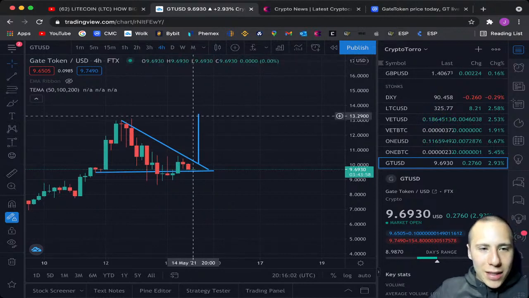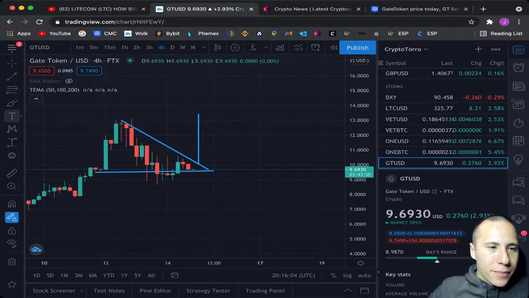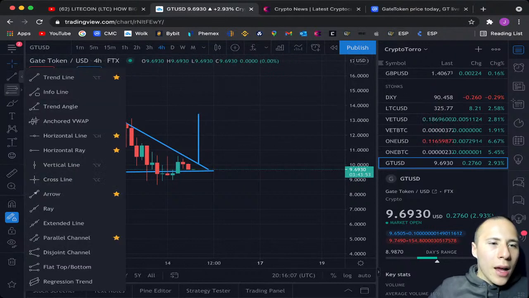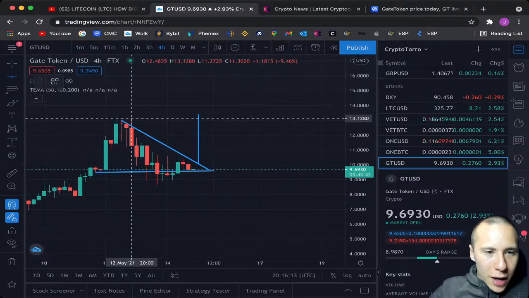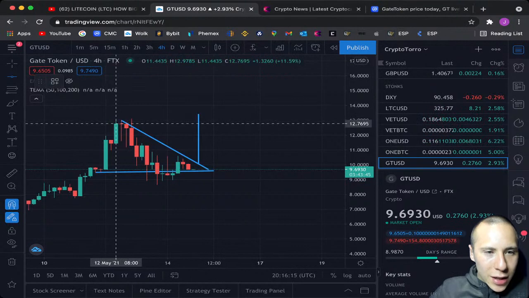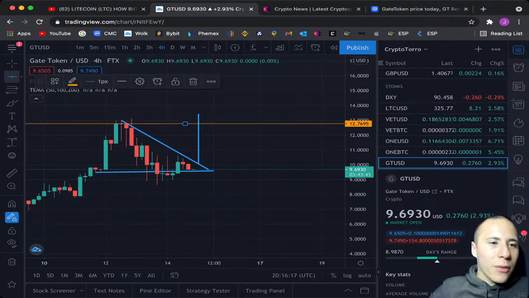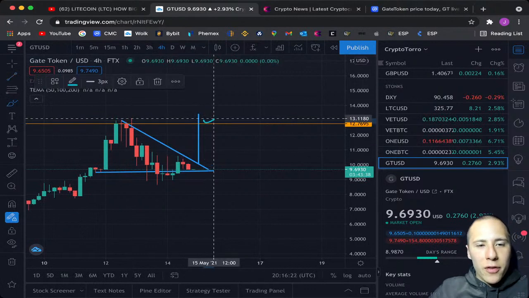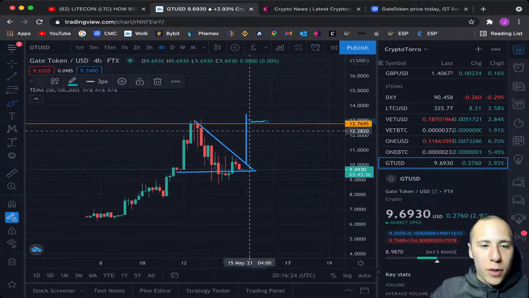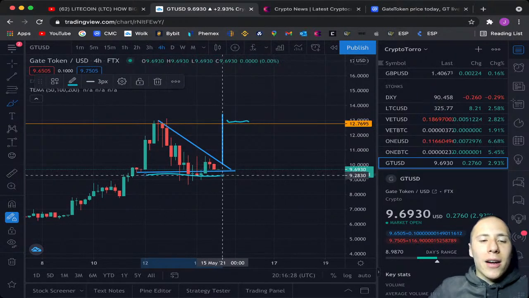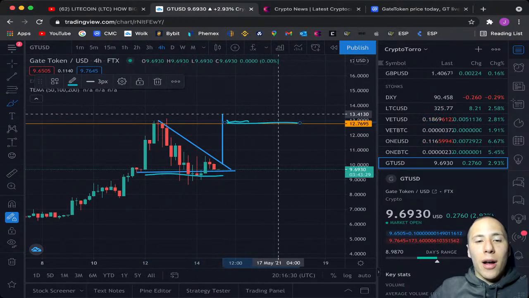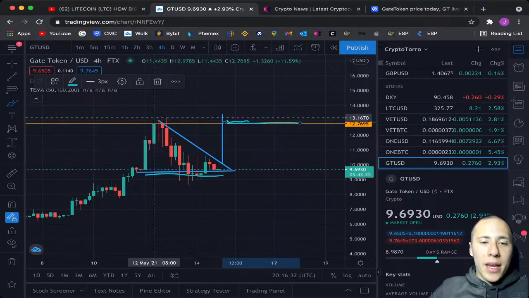But then we will be seeing a possible breakout above the previous resistance, and if it breaks out above this previous resistance, it would be really amazing, because if it finds support right on top of previous resistance, it would mean that we would see once again a higher low being created, and as well a higher high being created.